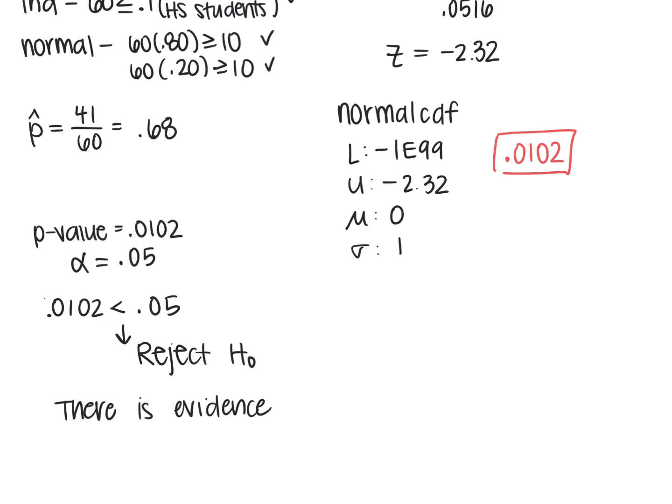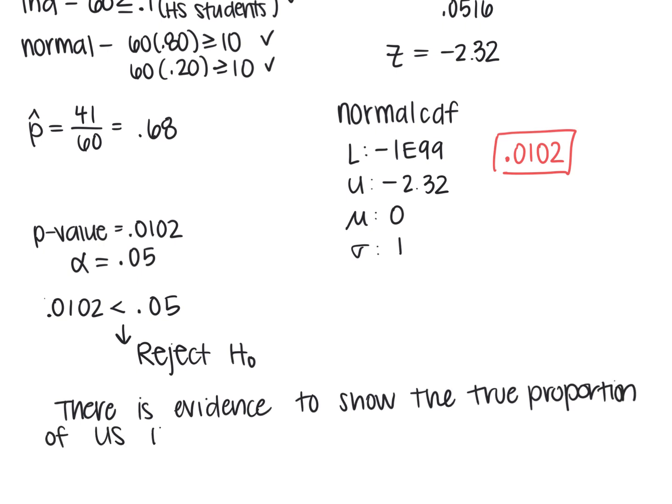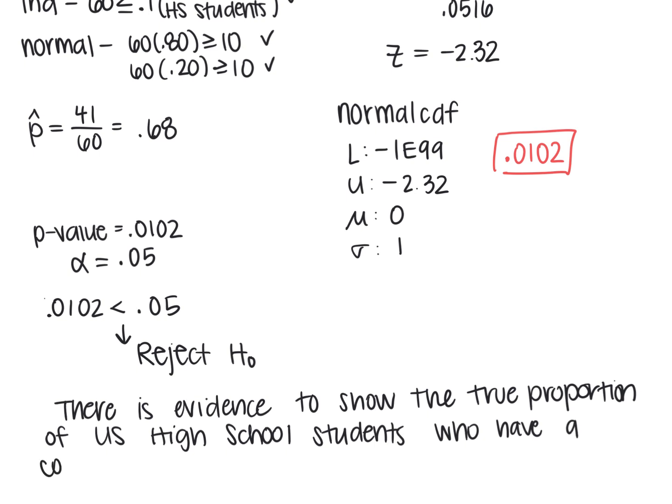So there is evidence to show the true proportion of U.S. high school students who have a computer at home is less than 80%.